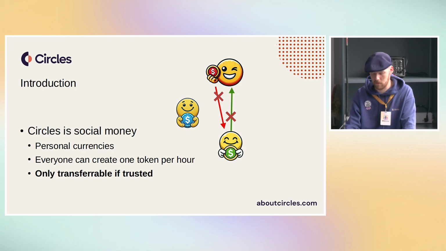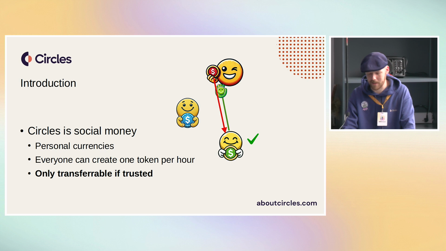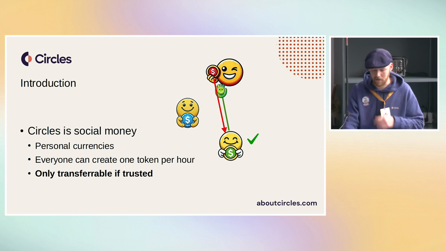So what you need to do first is to establish a trust relation. Here in this case, our green smiley reaches out to the red smiley and says, okay, I'm trusting you. And only then the red smiley can send to the green smiley, and all are happy.